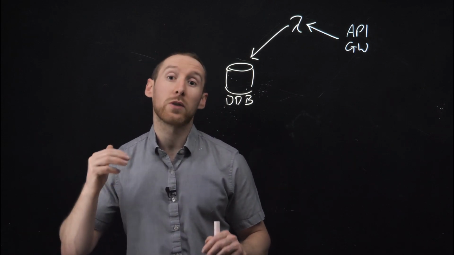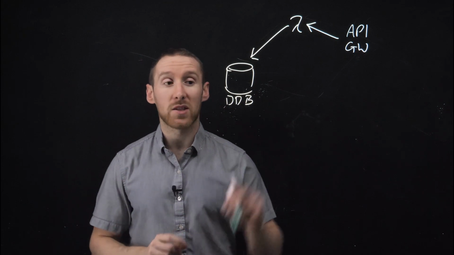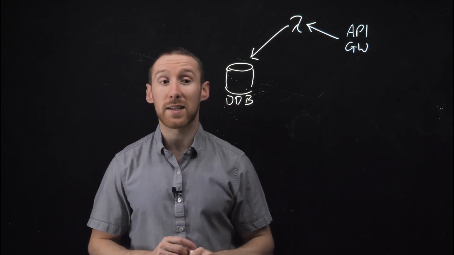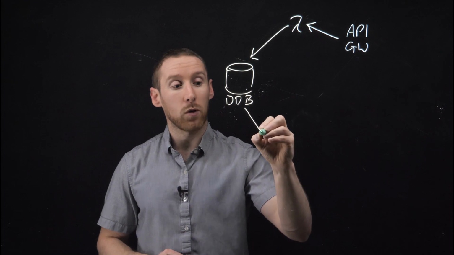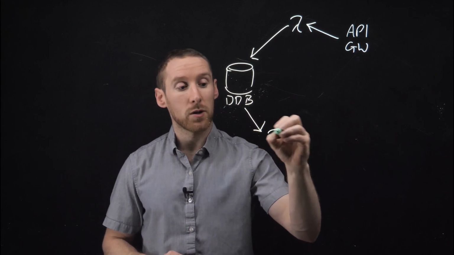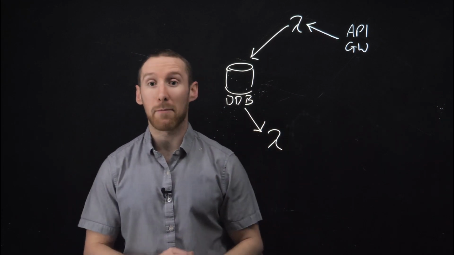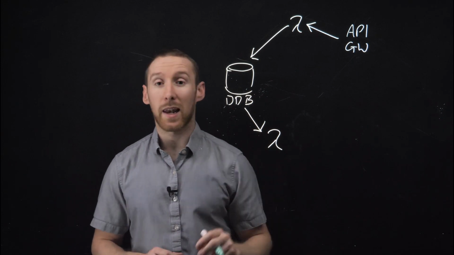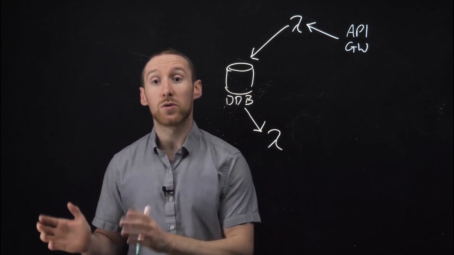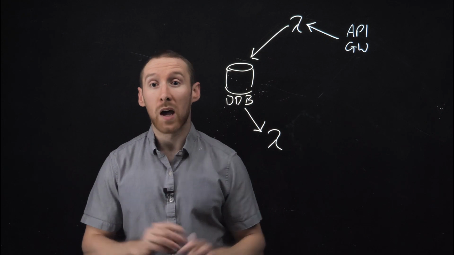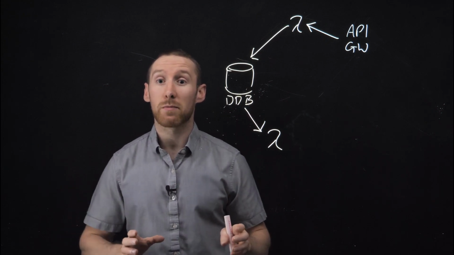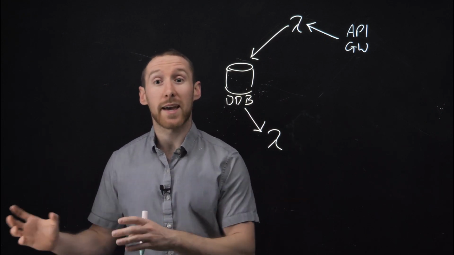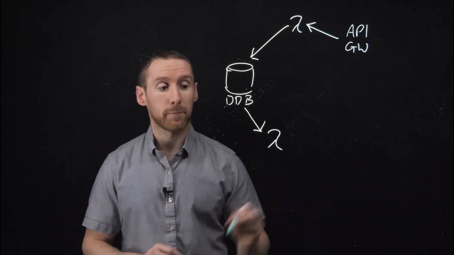What we can do is hook onto the back of that and say anytime a record is deleted in Dynamo, I want to send that record to a specific Lambda. In that Lambda, we can check the user's email or phone number, as well as the message, and whether they wanted a text message or an email.